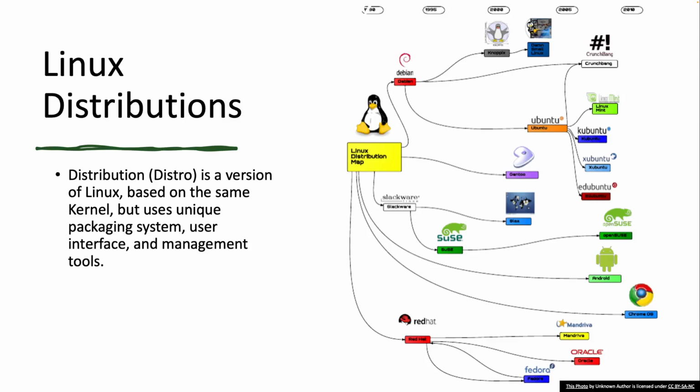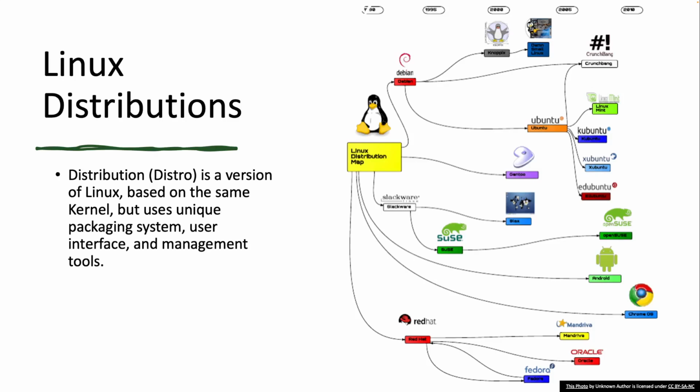There are many Linux distributions, but let's first figure out what a distribution is. A distribution is a version of Linux. Obviously, if it's open source software, anybody can modify the kernel of Linux and make their own version. As you can see on this image, there are clearly a lot of different versions of Linux, and each of these versions, with a different logo, is its own distribution.